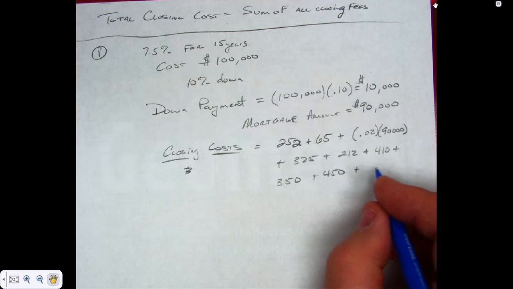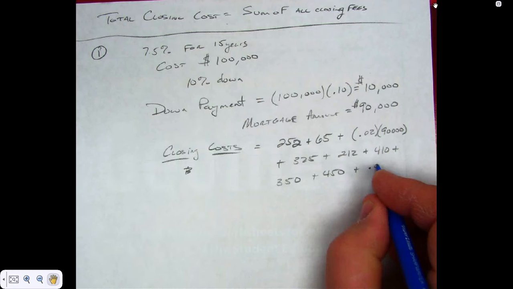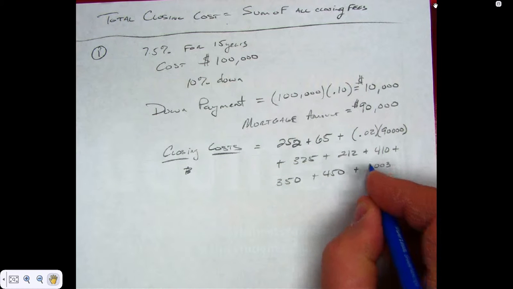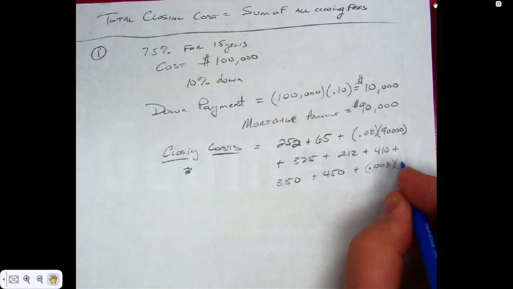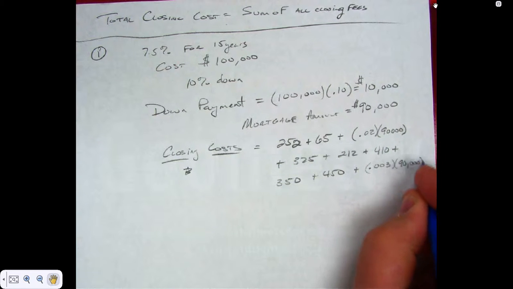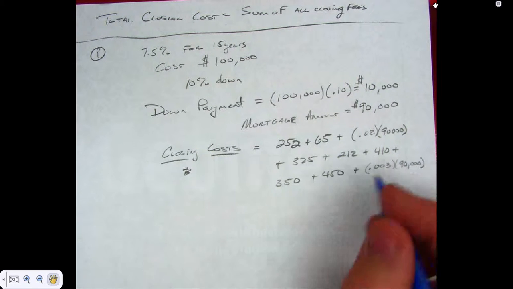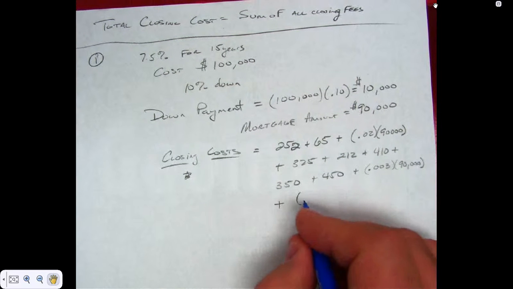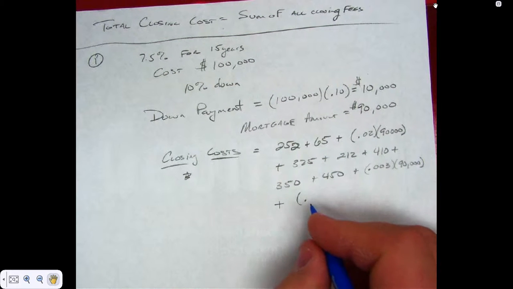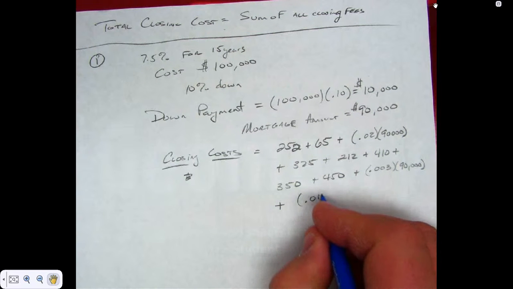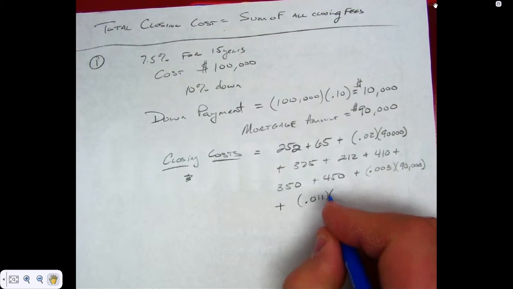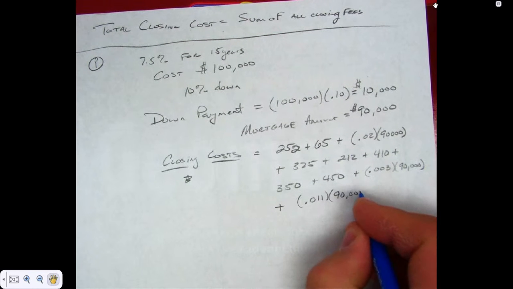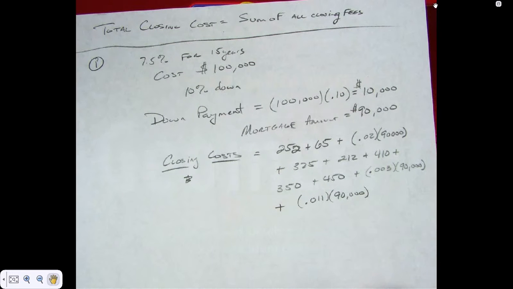document stamp is 0.30% of the mortgage, so you move it over to 0.003 times what? 90,000, plus the processing fee, which is 1.1%, so it'd be 0.011 times 90,000.